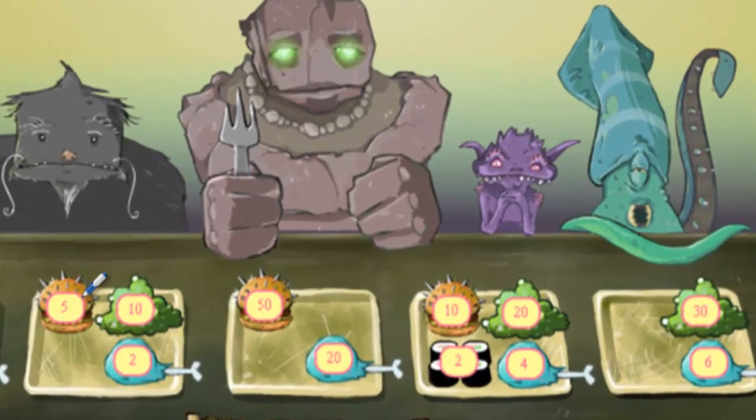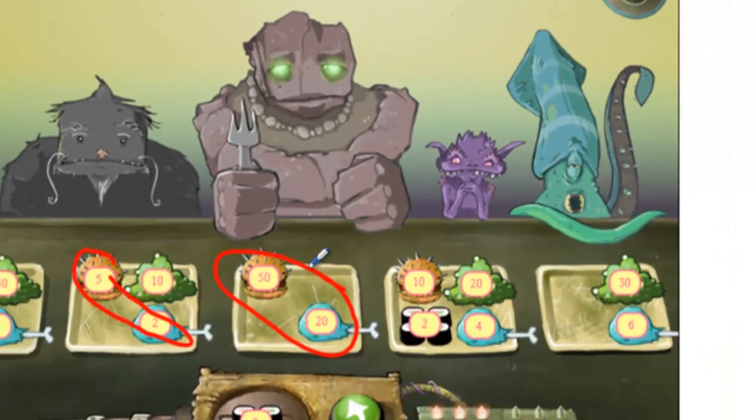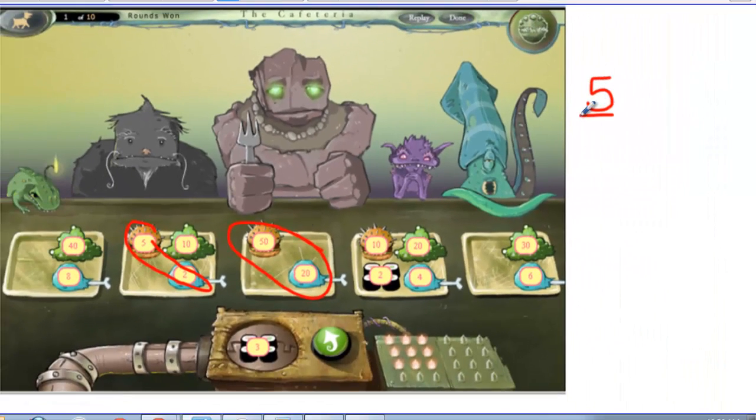So let's look at the spiky hamburger and drumstick on that tray, and then also the spiky hamburger and drumstick on this tray. If I look, I can form a ratio 5:2 from the Yeti's tray, and I can form a ratio of 50:20 from the Golem's tray.